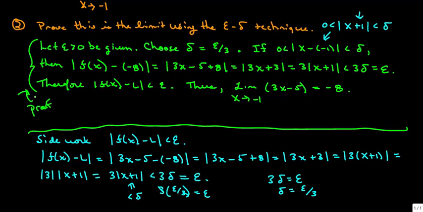The green thing is your proof. The blue stuff is kind of the side work. So this green stuff is what you would hand in for your actual proof. This other stuff is what you did to work out what you had to put in there, especially for this delta equals epsilon over 3 piece. Your big problem is trying to pick this, so to pick this, you have to work through this down here.